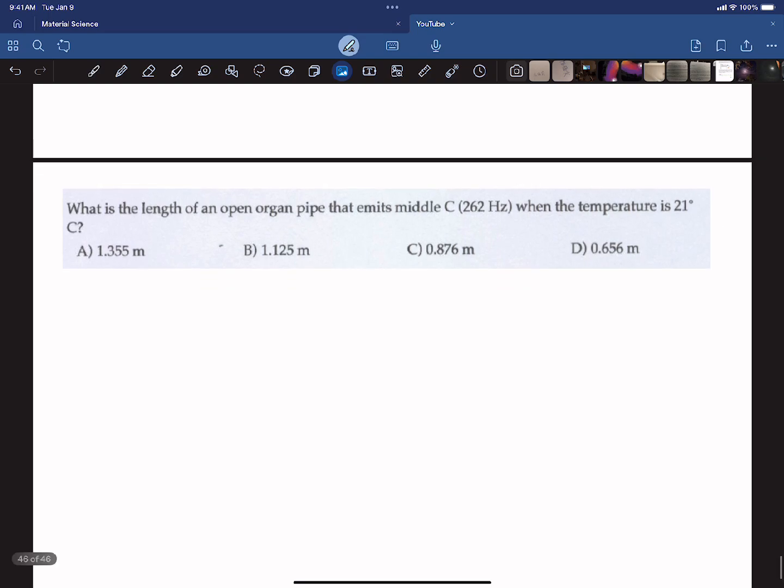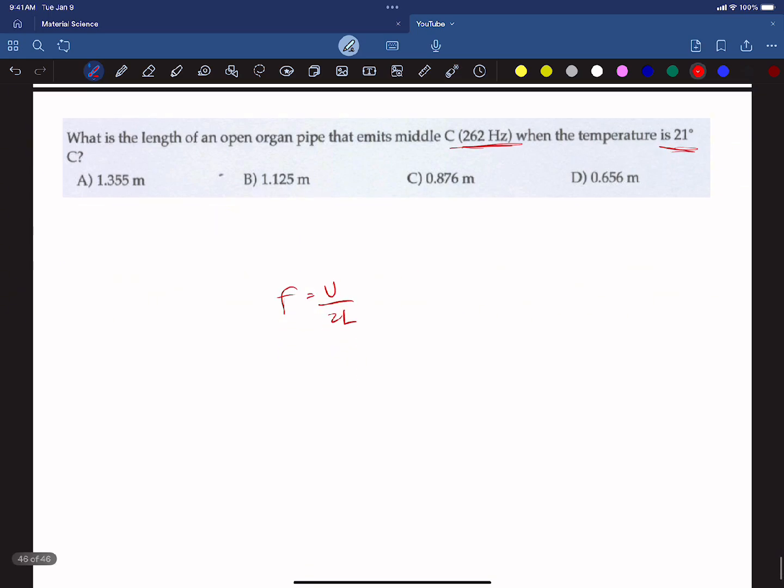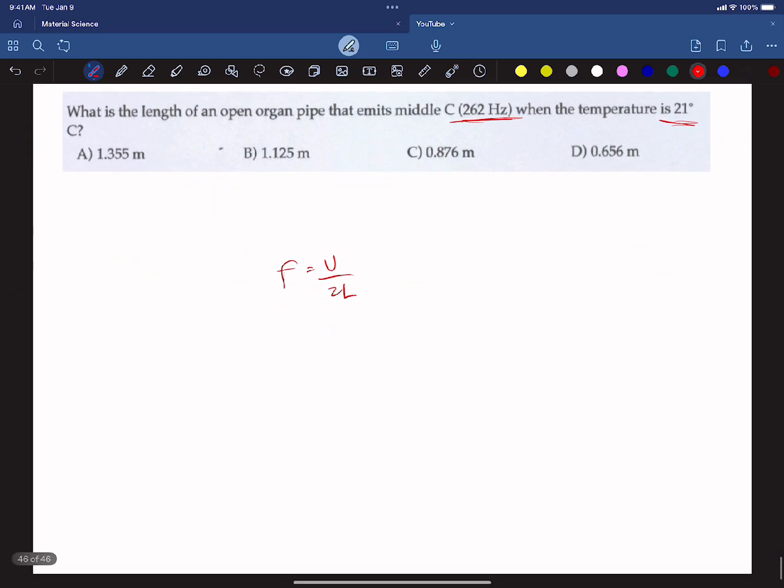What is the length of an open organ pipe that emits middle C, its frequency, when the temperature is this? So we know that f is equal to v upon 2L. The velocity of sound in air can be approximately given by v is equal to 331.4 plus 0.6 t.